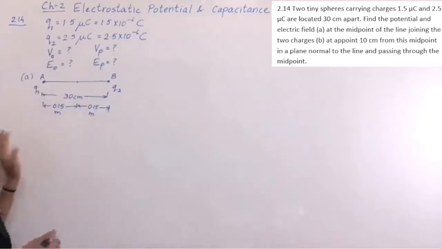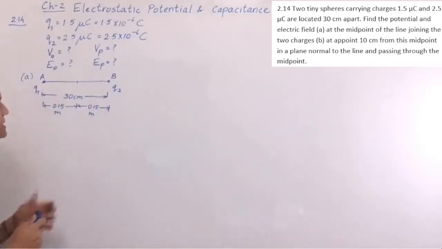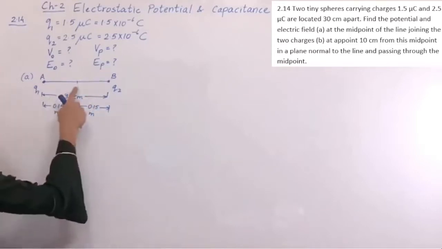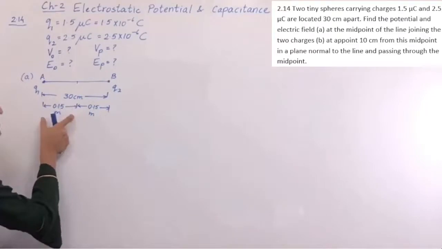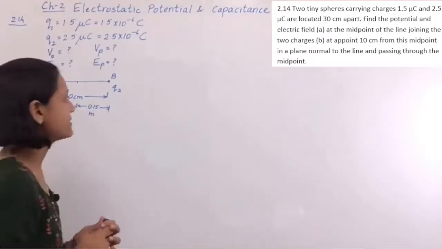See, first case: at points A and B, Q1 and Q2 charges have been placed 30 centimeter apart. So from the midpoint their distances are 0.15 meter and 0.15 meter, right?